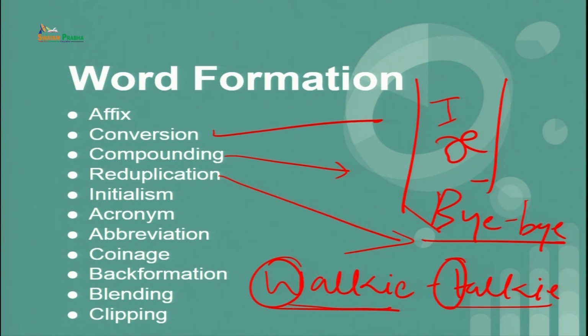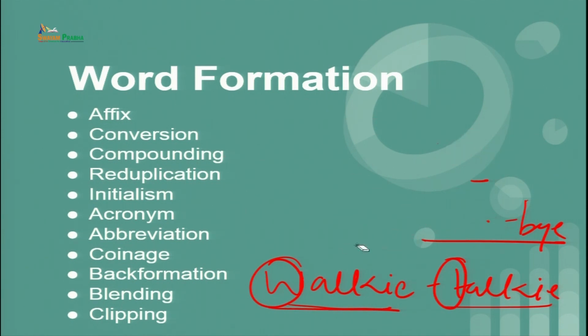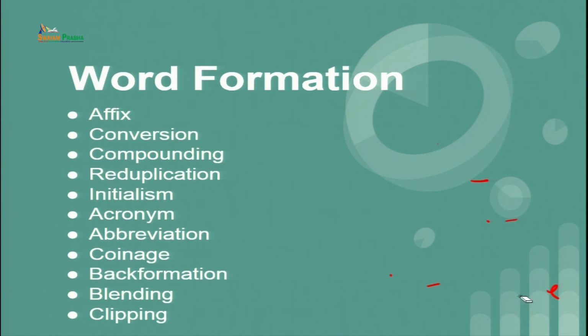In the process of initialism, we take the first letter of every word and put it all together. For example, you say computer based instruction, and while writing computer based instruction, you gather the first letter of each word and you present it as CBI, right.